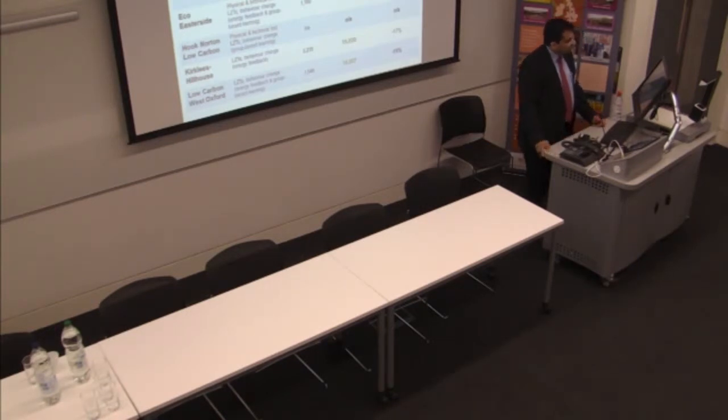Now, the 2 bits to notice here is, first, all 4 communities have reduced, 2 of them more than the national average, but most importantly, all 4 had lower baselines to start off with, which means that the potential to reduce becomes less. So if you have a very efficient house, it's difficult to reduce 80% versus a house which is a Victorian terrace or whatever. So I think that's quite important, that they started with a lower baseline but still achieved reductions.